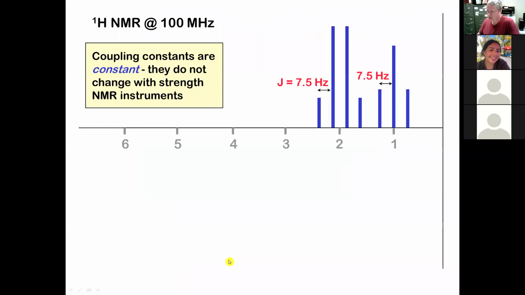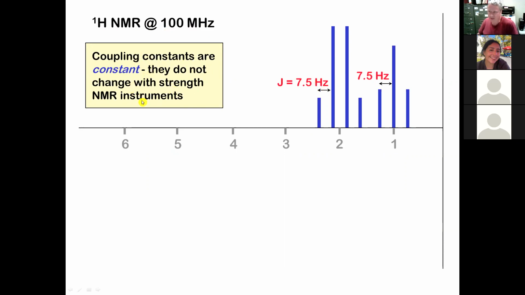And since it's measured in hertz, it's interesting that the meaning of hertz varies with the NMR instrument. So this is an old 100 megahertz NMR, right? Coupling constants are constants, right?